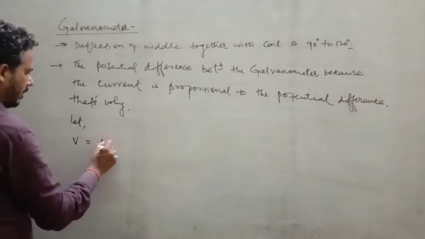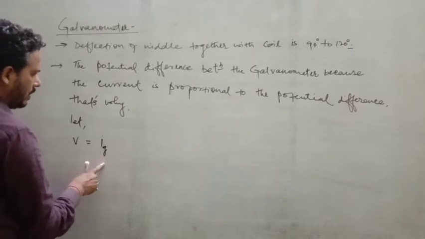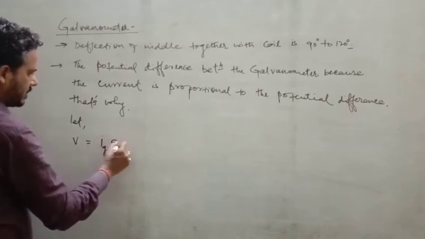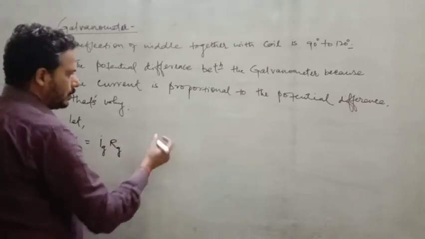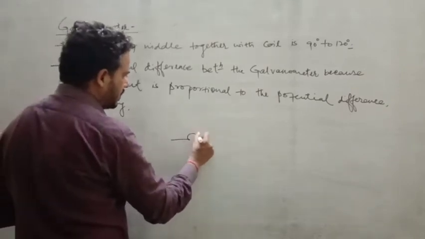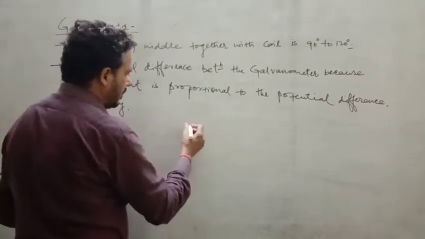Here I is the current of the galvanometer, that is of the coil, and R is the resistance of this galvanometer, that is of the coil.